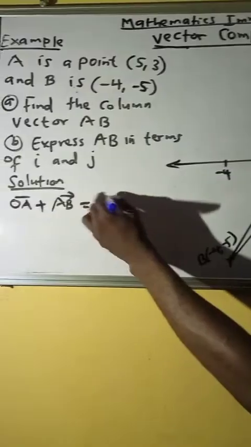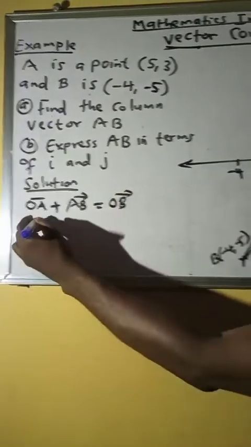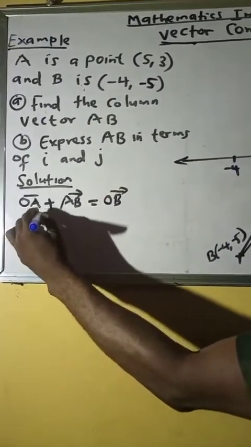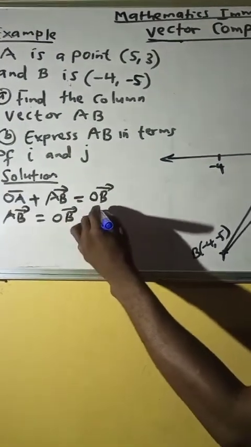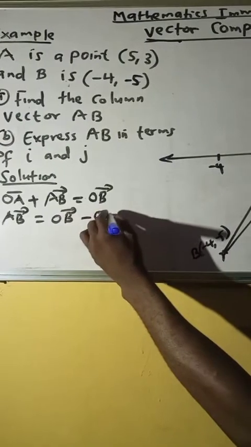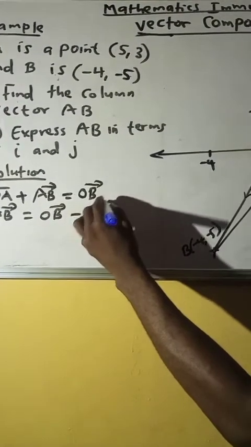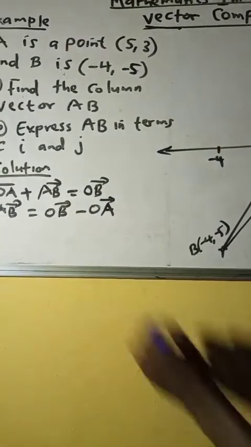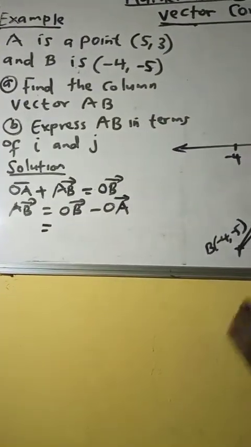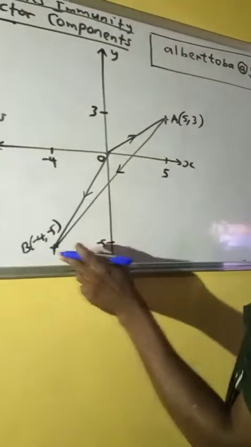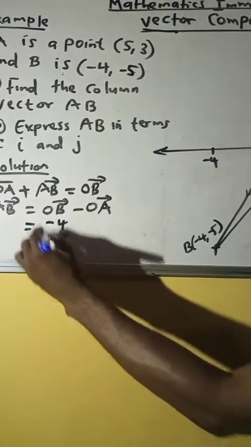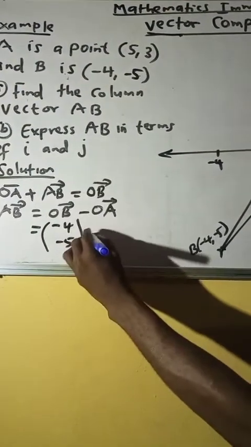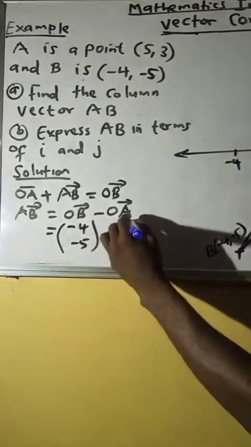So the column vector AB will be OB minus OA. OB is (-4, -5) as a column vector, minus OA, which is (5, 3).